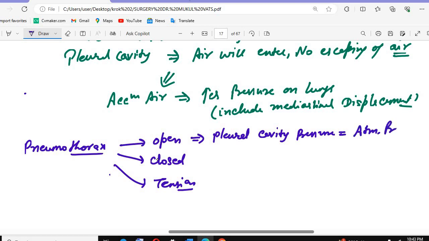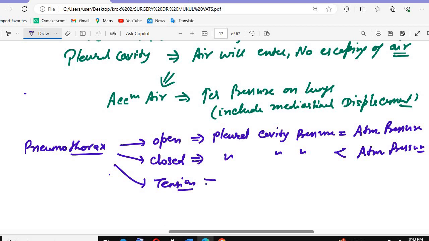In the case of closed pneumothorax, the pleural cavity pressure will be less than the atmospheric pressure, and due to the pressure gradient, the air from the atmosphere will enter into the pleural cavity, and that's why we call this condition the closed pneumothorax.